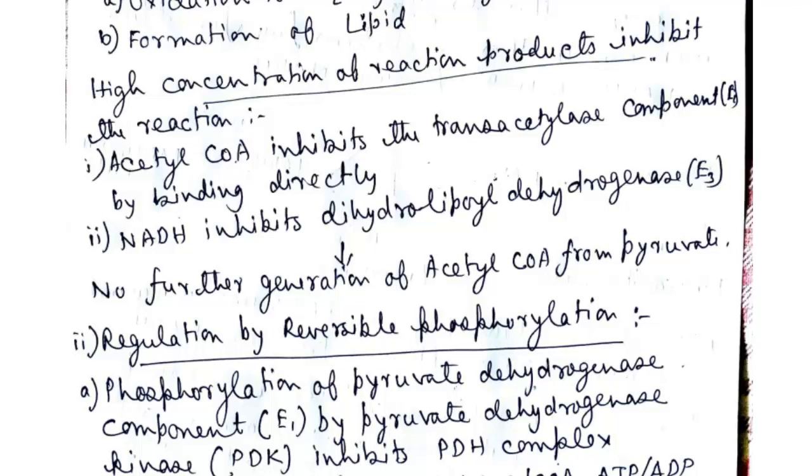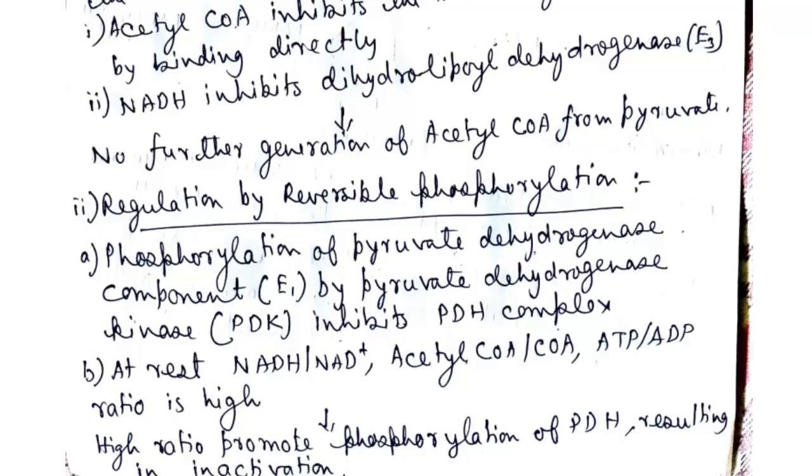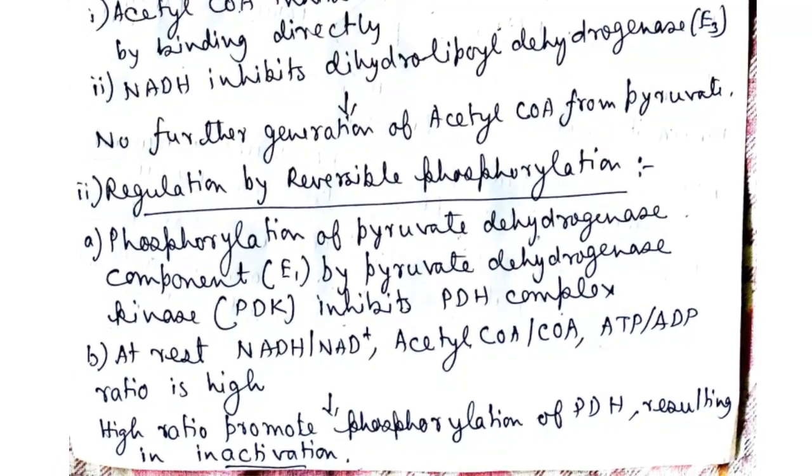Next one is regulation by reversible phosphorylation. How can phosphorylation regulate this enzyme? Phosphorylation of the pyruvate dehydrogenase component by pyruvate dehydrogenase kinase inhibits this PDH complex. How does this happen? When the body is at rest, there is increased NADH, increased acetyl-CoA and increased ATP in our body.